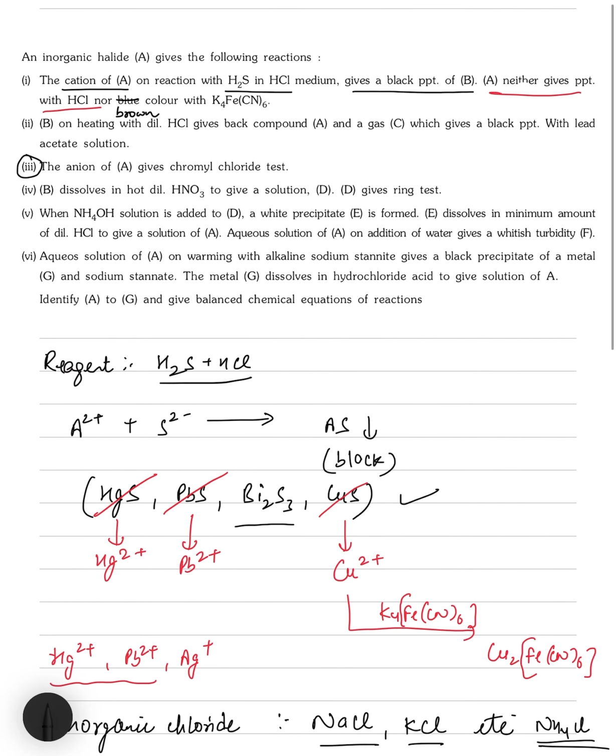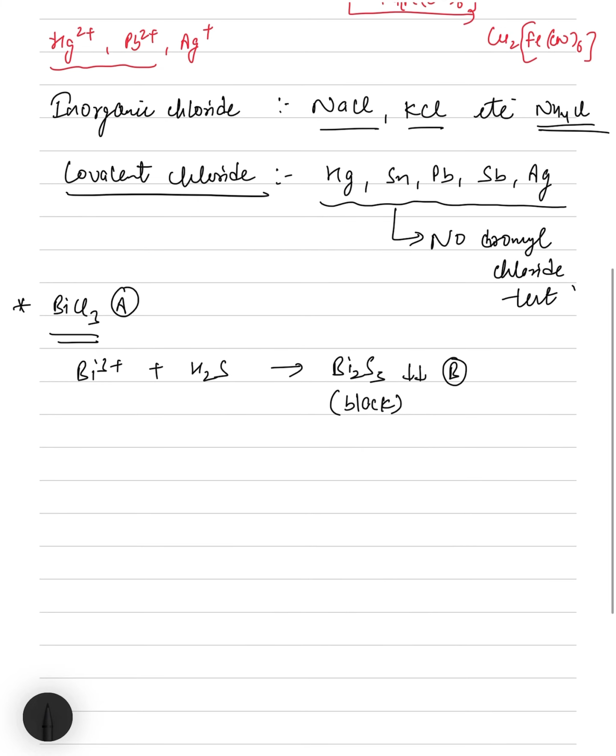Next statement: B on heating with dilute HCl gives back the compound A and gas C, and the gas C gives a black precipitate with lead acetate solution. That means this compound B, Bi2S3, when reacted with HCl, undergoes ion exchange and we obtain BiCl3 back along with H2S gas.